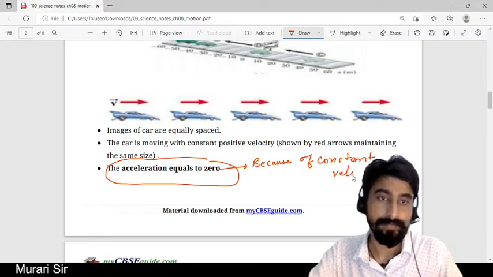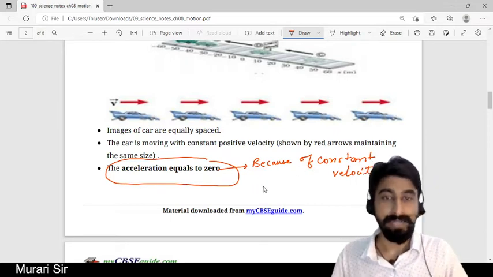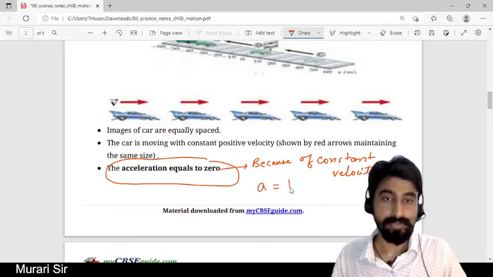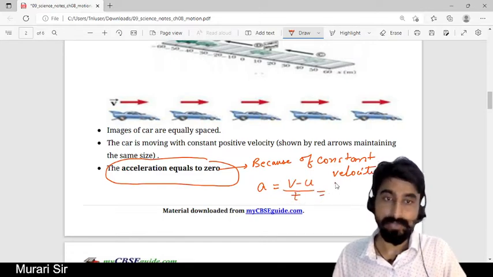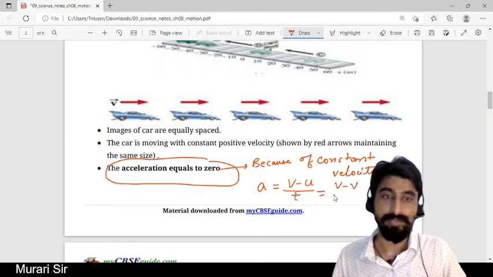That means we have the formula a equals change in velocity, that is final velocity minus initial velocity upon time. So both are the same, so v minus v upon time, that is 0.